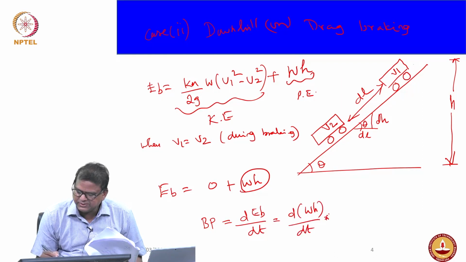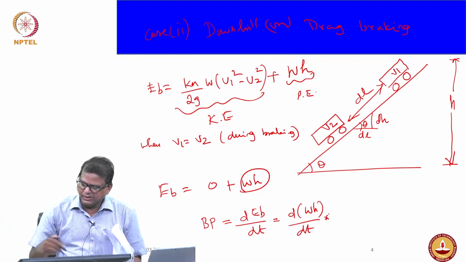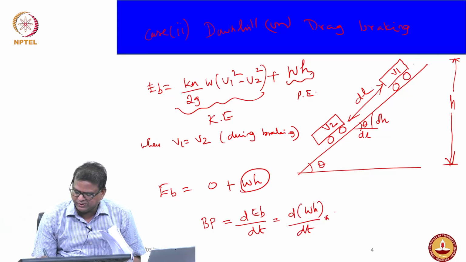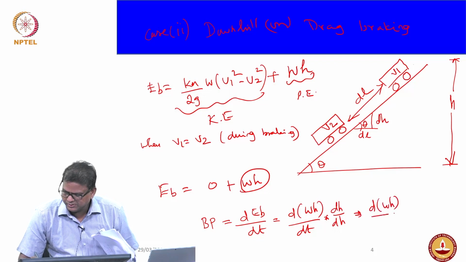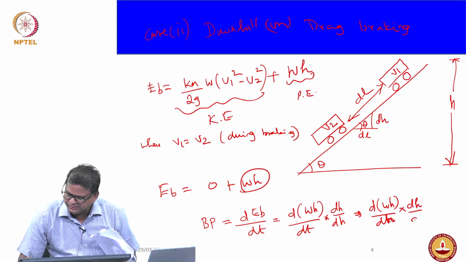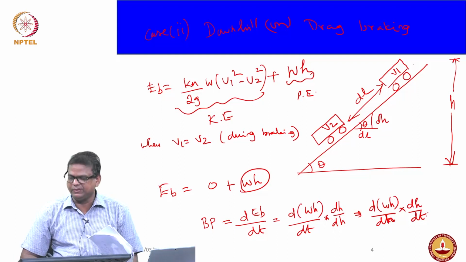But since it is moving on the slope, I simply multiply both numerator and denominator by dH. When you rearrange, I think this should be dH, and this will be dH by dt.